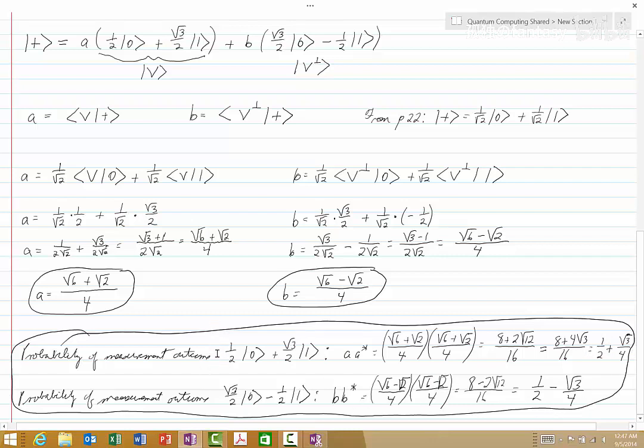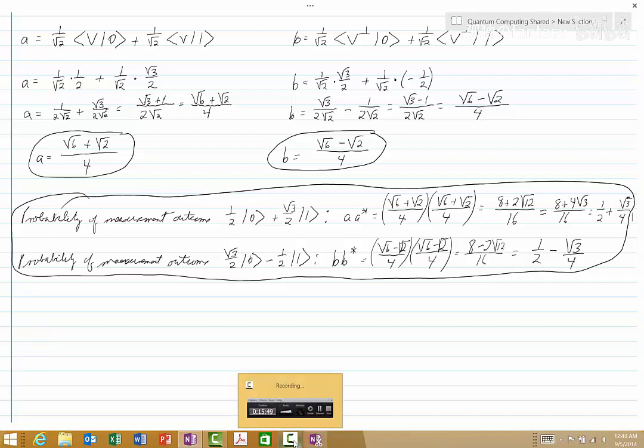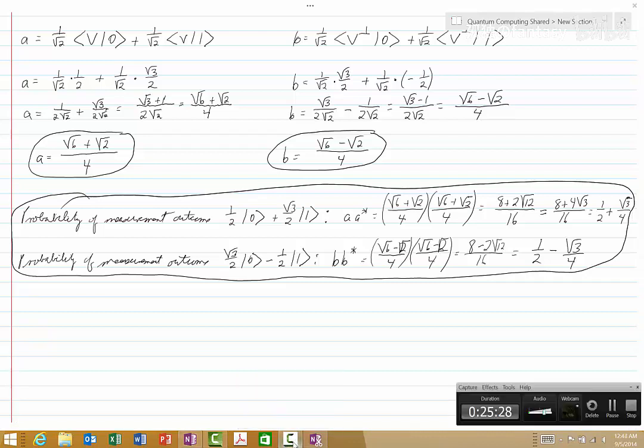So if we take the probability of the first one plus probability of the second one, we must get total probability of 1. So that completes all that I want to do with exercise 2.6, and I think that you will be able to easily do an exercise like that on your own.